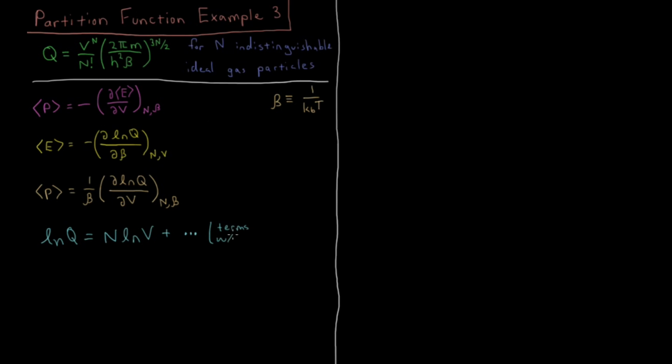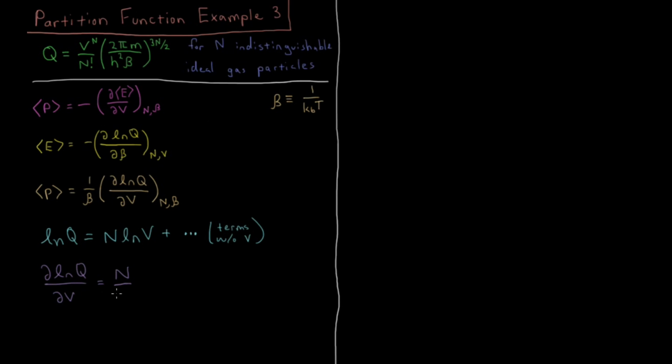Because those other terms don't have volume, we don't need to worry about them when we differentiate with respect to volume. If you're confused about where this is coming from, I show in the previous 2 videos how we can separate these when you have a logarithm of a product and a quotient of several functions. So we have N log V plus stuff that doesn't have V in it. If we differentiate that with respect to volume, we get N times the derivative of log V with respect to V, and that's just going to be 1 over V.